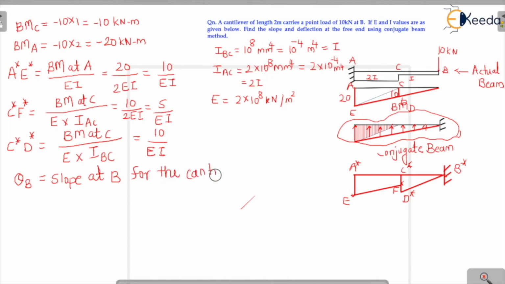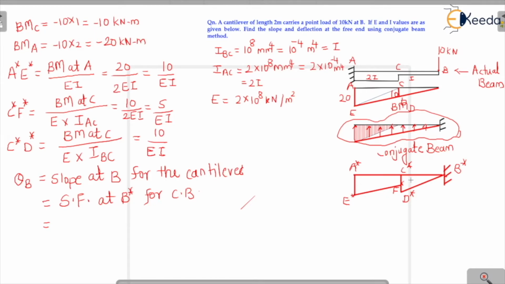It is the slope for the cantilever beam, but it is the shear force at B star for the conjugate beam. So how do we write that shear force? When I want the shear force here, I just need the area of whatever load is available. I need the area of all the areas. I have to be careful to divide these areas.